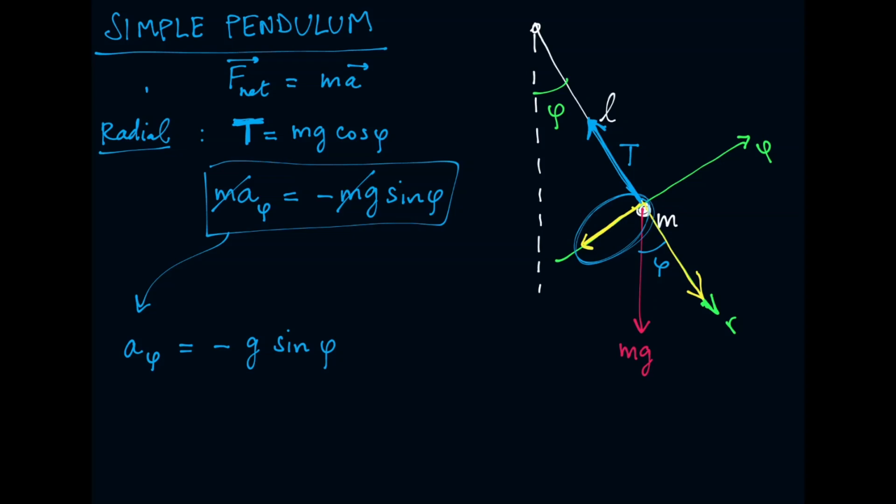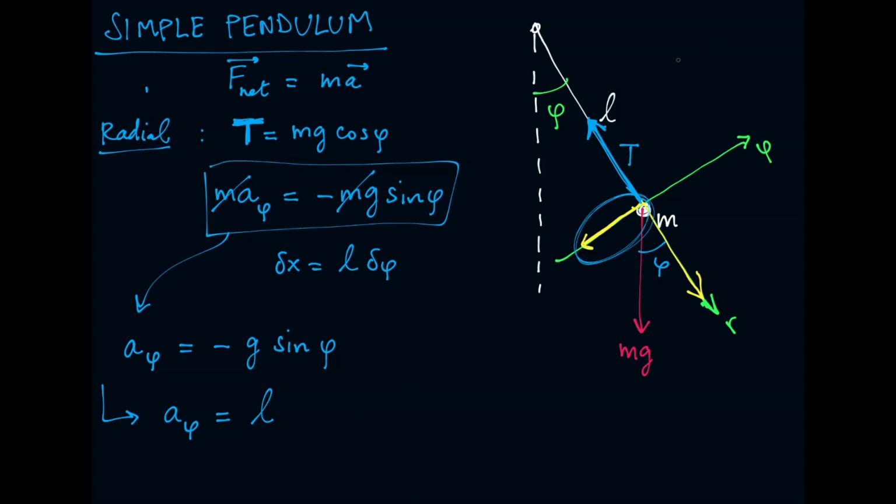Now we're almost ready, but we need to do a couple of transformations here. Step one is realizing that the acceleration in the phi direction is simply the length of the string times the angular acceleration. You may remember that a little displacement along an arc is simply the length of the arc times delta phi.